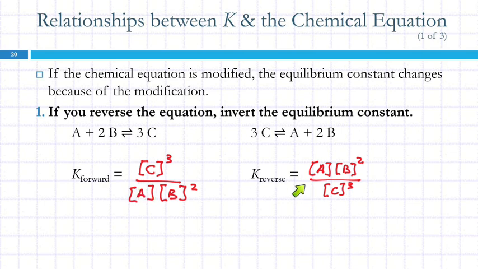What's the relationship between these two? They're inverses of each other, right? If you take this and turn it upside down, you get this one. So if you reverse the equation, you invert the equilibrium constant. With Hess's law, when we reverse the equation, we change delta H's sign.